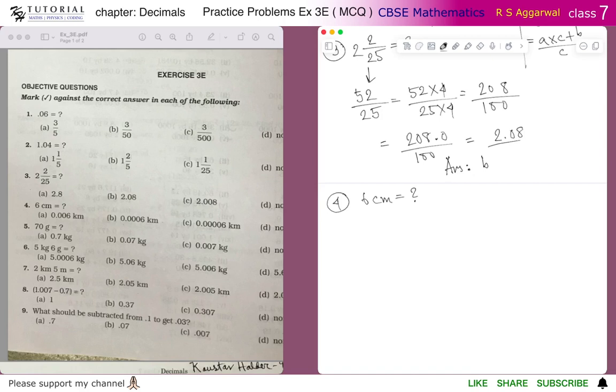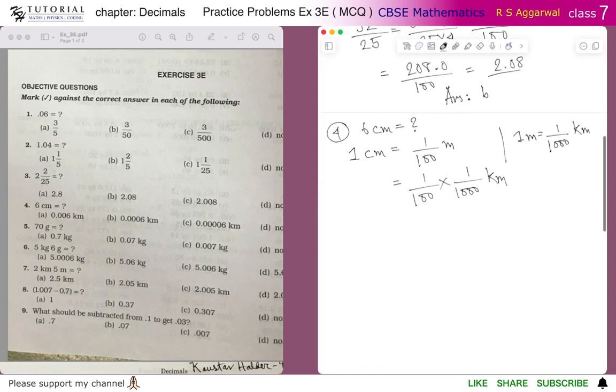So we know that 1 centimeter equals 1 by 100 meter, and also we know that 1 kilometer equals 1000 meter, so 1 meter equals 1 by 1000 kilometer. So this is 1 by 100 multiplied by 1 by 1000 kilometer. So 1 centimeter is this.